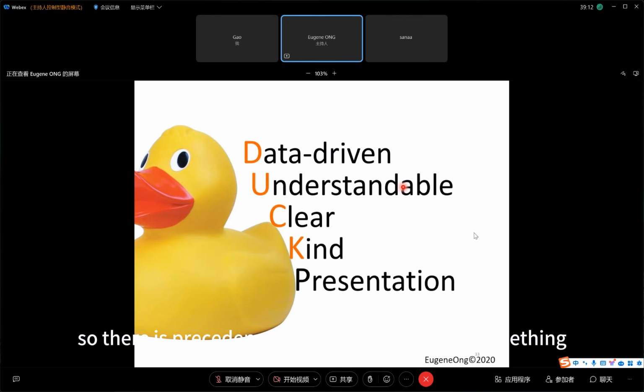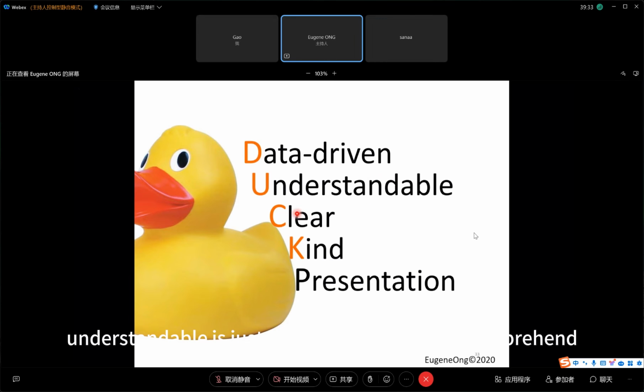So there is a precedence, meaning that it is not something that is made up entirely. It must be understandable because if no one understands the data, it is also not useful. Okay. So you have to simplify the data to make it understandable.